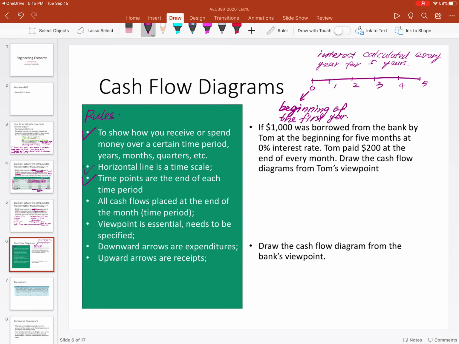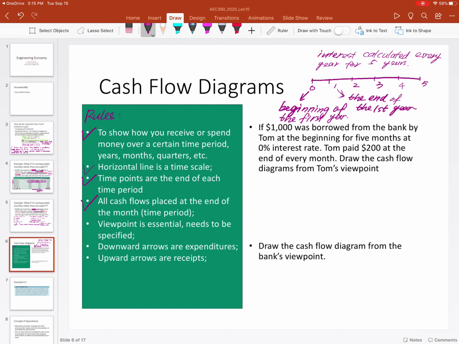And 1 means the end of the first year. It doesn't mean in the middle of the first year, or in the beginning. The 1 means you already hit the end of the first year. So 2 will be the end of the second year, and 3 will be the end of the third year, and so on. That's how you understand these time spots.